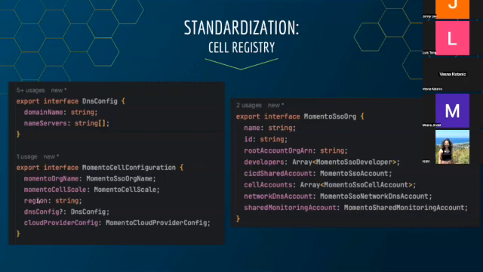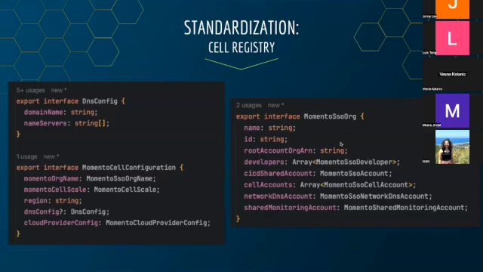We've got some information like a region, the DNS configuration, a scale so that we can have different sizes of cells, and then this cloud provider config. For us, we actually deploy our service to both AWS and GCP, so this cloud provider config gives us a way to indicate whether a given cell is an AWS cell or a GCP cell, and a few other things like that.